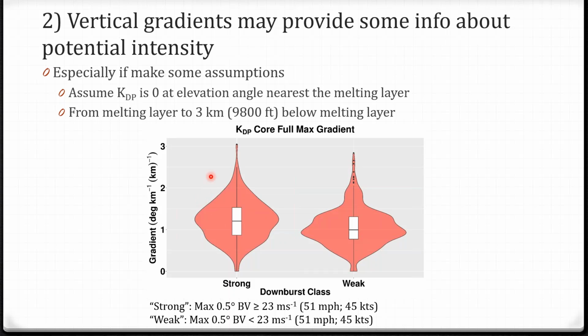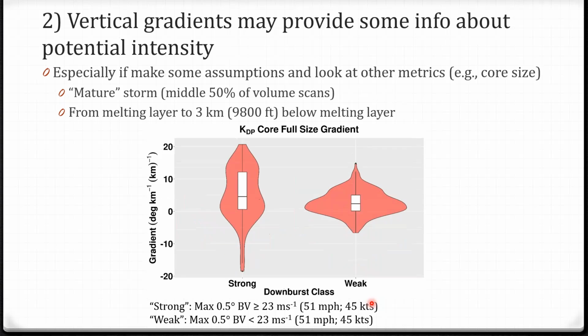So we see that stronger or larger gradients of KDP in the vertical are more likely to be associated with a strong downburst than a weak one. Also, when we look at mature KDP cores, basically just the middle 50% of volume scans, the KDP core is probably not intensifying or weakening.